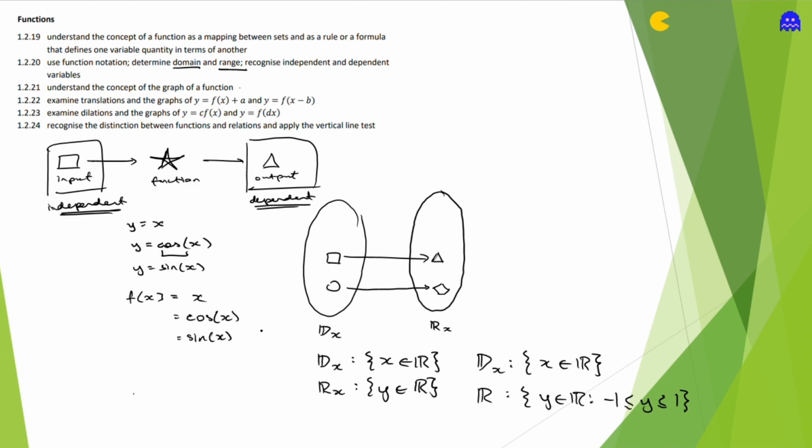The last thing I'm going to do in this slide is have a look at the concept of a graph of a function. When we're looking at graphs of a function, essentially we're looking at each x value and what y value that x value maps onto. In the case of y equals x squared, for every x value, y is equal to the square of that. 1 corresponds to 1, 2 corresponds to 4, and so on and so forth.